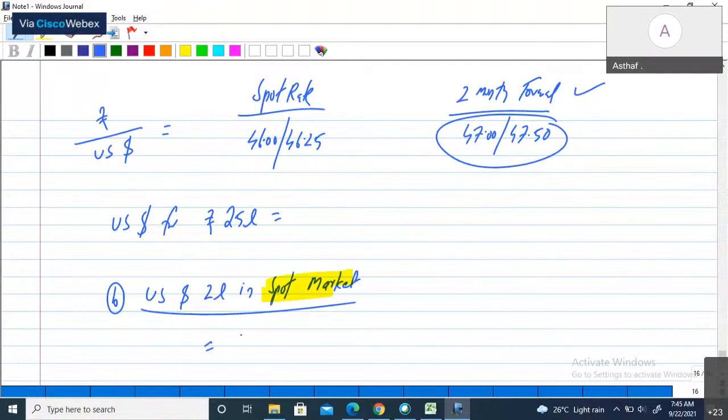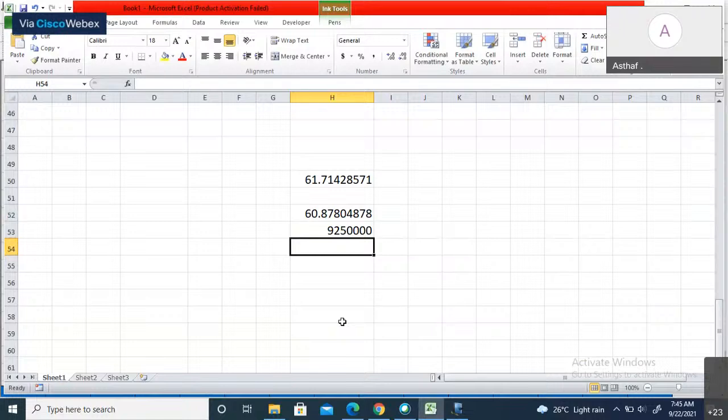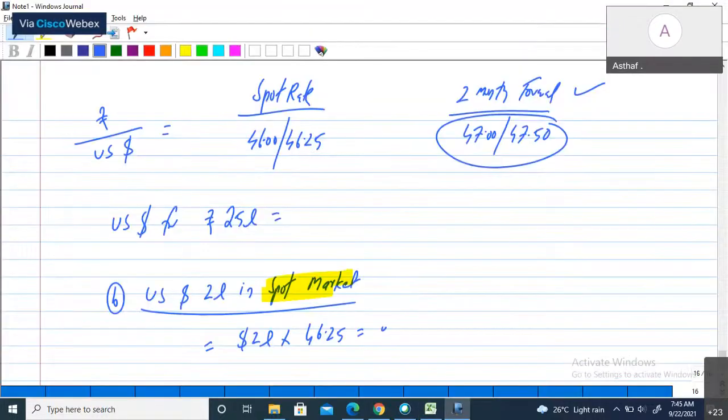Dollar is expressed in the denominator, so it is given very well. For 2 lakh, what is the ask rate? 46.25. So 2 lakh into 46.25, you get 92 lakh 50,000 Indian rupees.